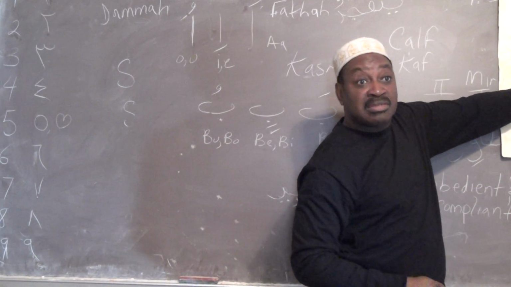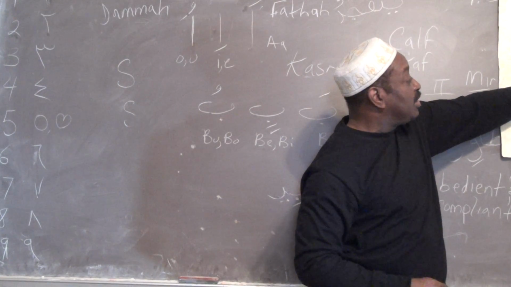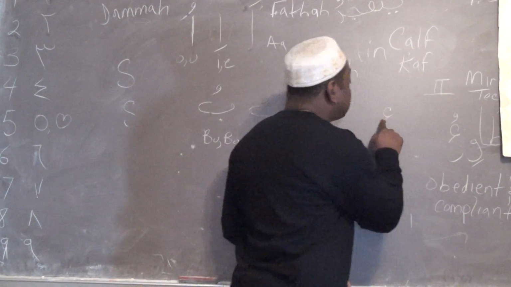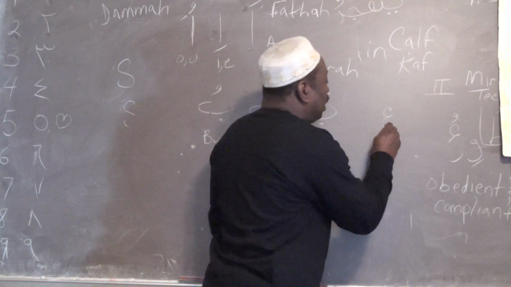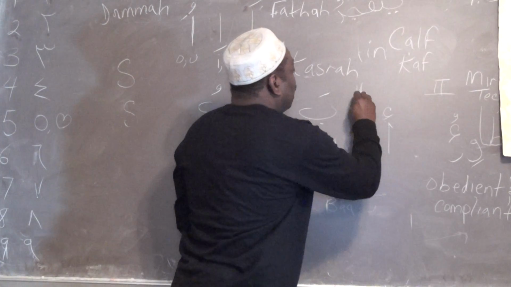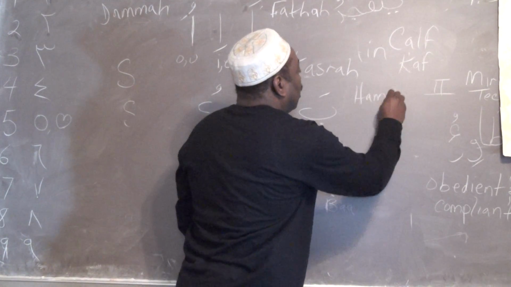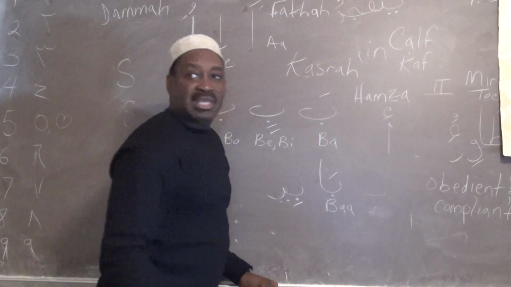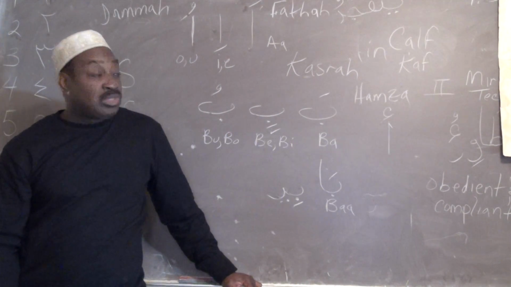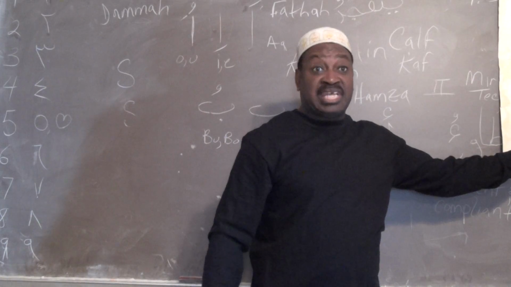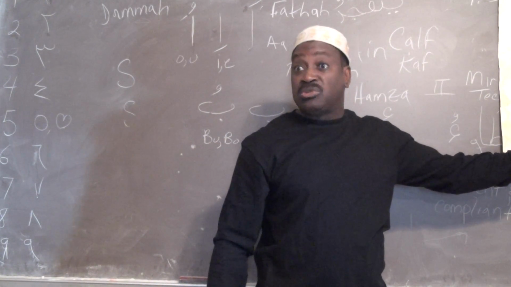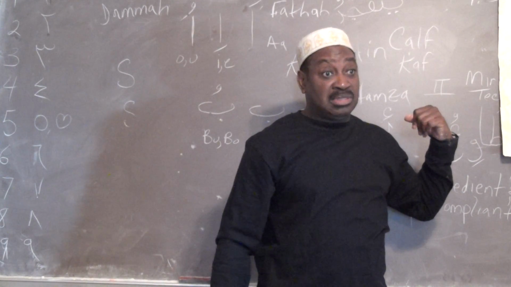Same thing with ghain. If it sits atop the aleph, we call that hamza. It gives it an abrupt sound. So even though it's not written as an alphabet letter, some grammarians consider that a letter too. Hamza, okay?